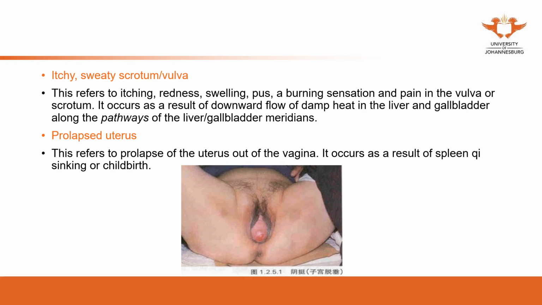This area, the itching, sweating, the sweating is the body fluids coming out of certain areas. That's because the qi loses the defining function. So that's excess sweating. Or the sweating also can be the heat, damp heat forcing the body fluid to come out of the body.